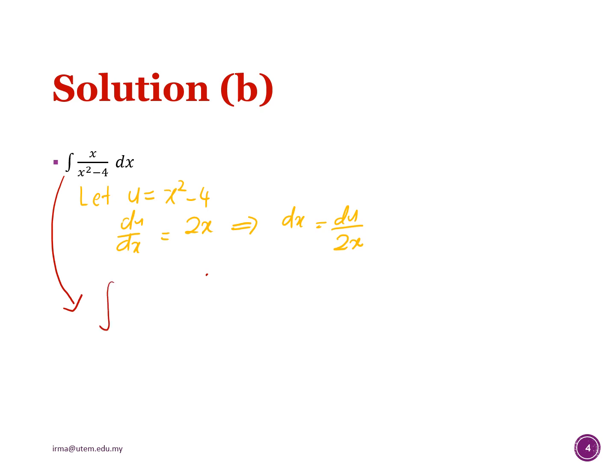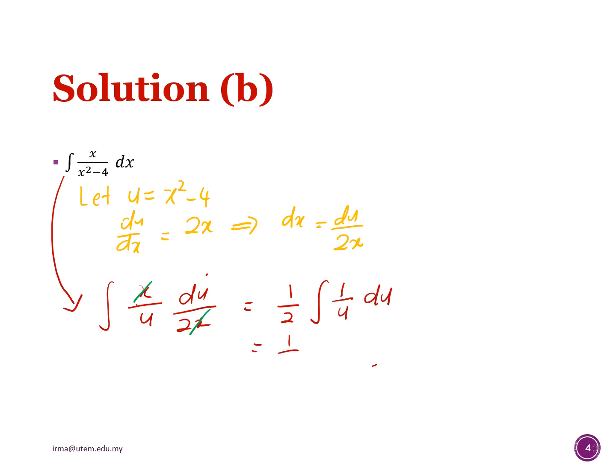Now the integral will become x over u dx, which is du over 2x. Again here you can cancel out the x, so you will have only 1 over 2, I just bring it to the front, 1 over u du.